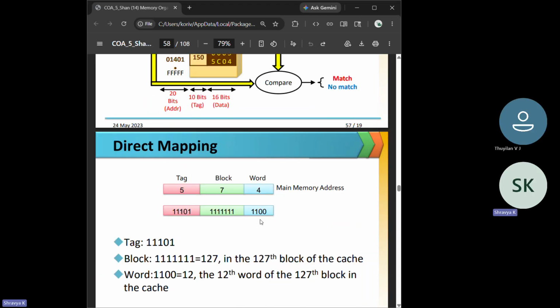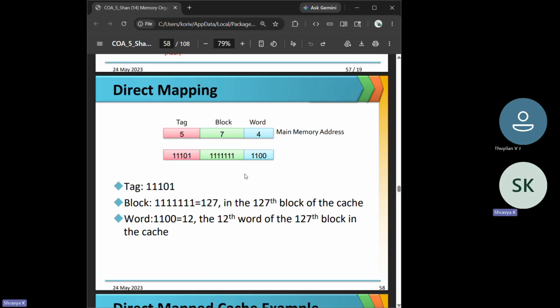So this is another example where you have a tag and a block. This is the tag part of it, and this is the block part. Since this block part has 127 stored in it, that means we need to look at the 127th block of the cache, right?